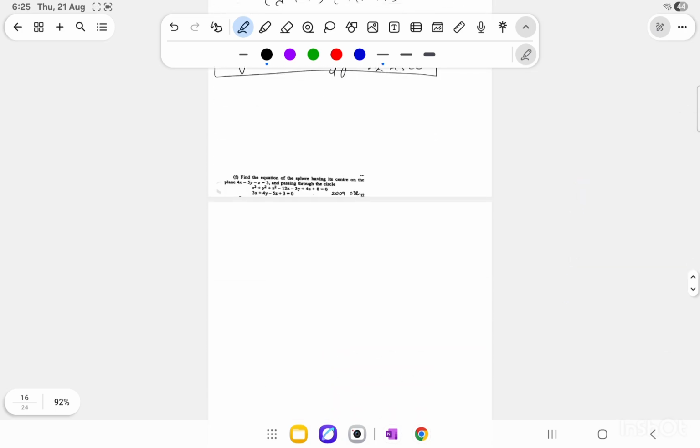So let's move on to the next question. The next question says: find the equation of the sphere having its center on this plane and passing through this circle.